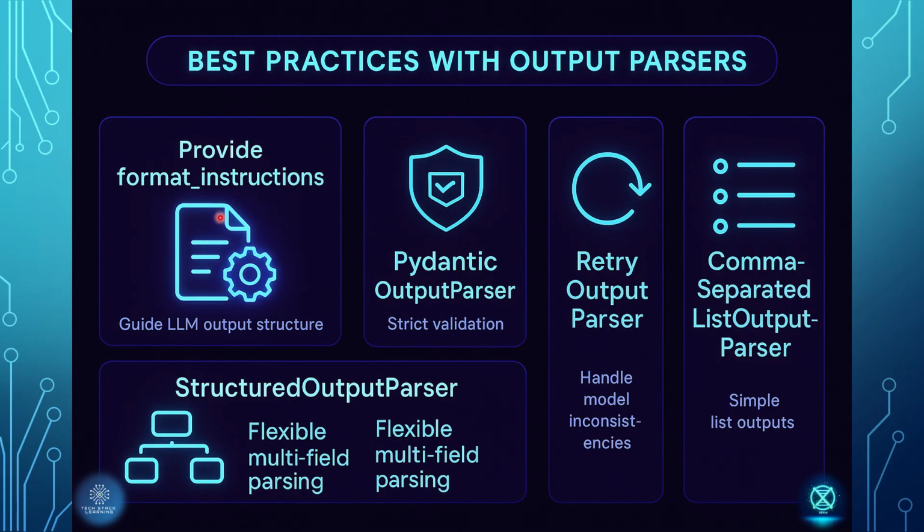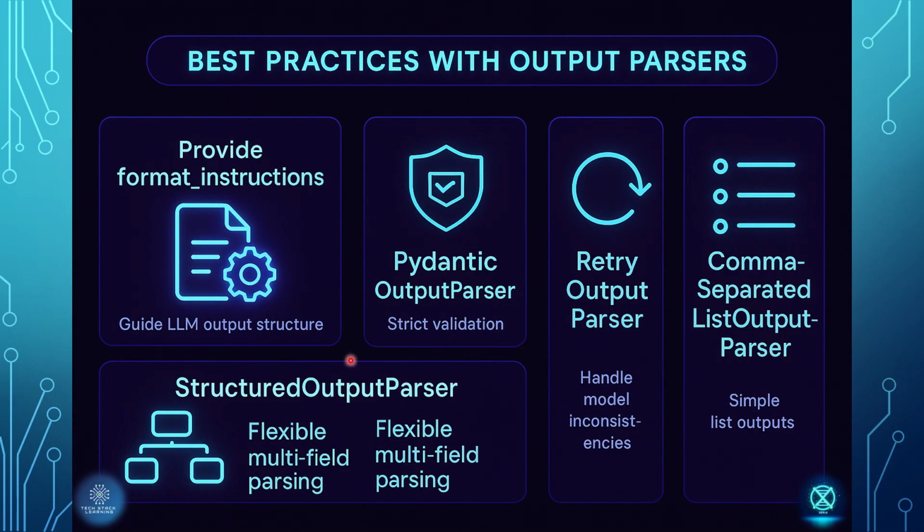So what are the best practices we have to follow when we use the output parsers? It always provides the format instructions to the LLM, so it is best to use it, which is very important when we have to structure the responses. Use Pydantic output parsers when you need strict validation. Use the structured output parsers for flexible multi-field parsing.